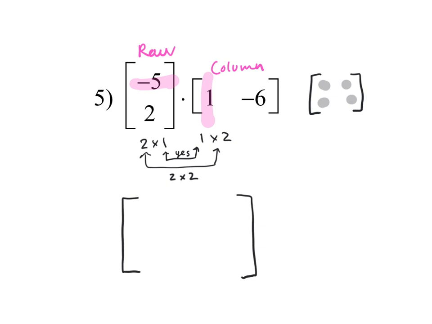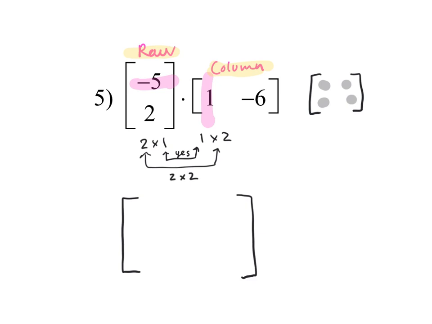So row, sideways, column, up and down. Always here you deal with rows, always here you move in columns. So even though our row is only 1 number deep, we still move in rows. And we still move in columns.